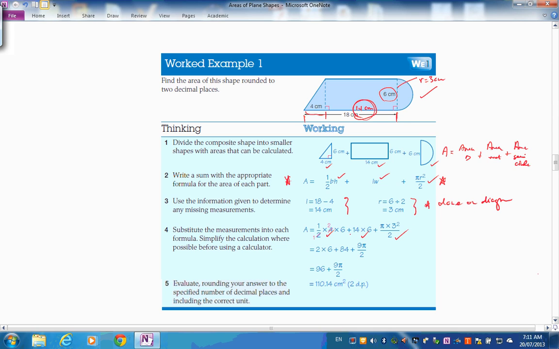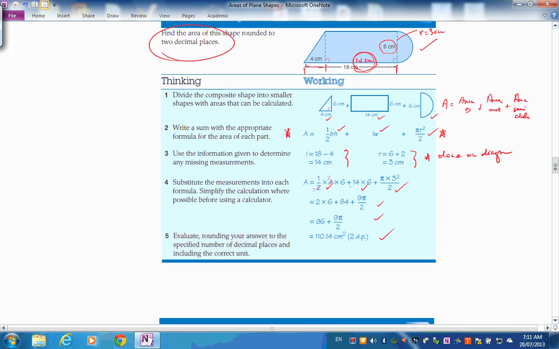It's a half pi r squared because it's half a circle. And then we can add those up and leave it in pi. It depends. It says up here, right at the top, 2 decimal places, so you'll leave it like that. If it doesn't say, then you can leave your answer as an exact form or to 3 significant figures is a general way. Alright, do you get it?